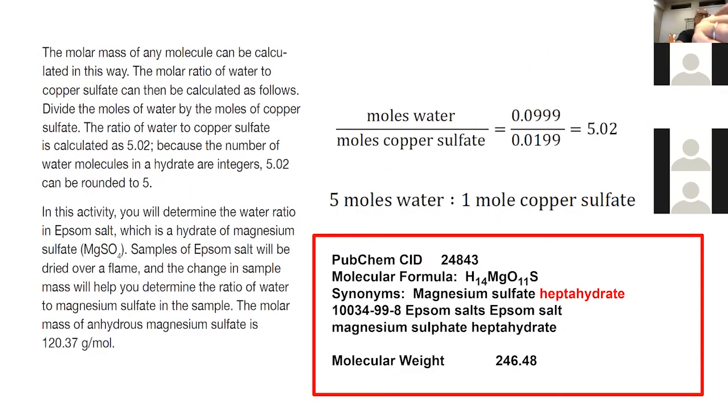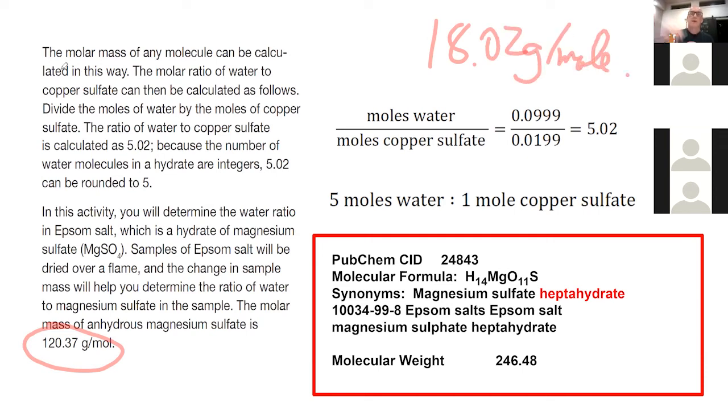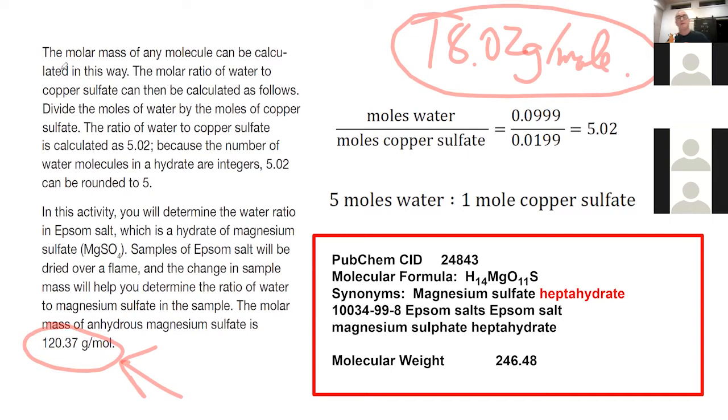So anhydrous magnesium sulfate is 120.37 grams per mole. And the mass of water, which we should pretty much know by now, is 18.02 grams per mole. So each of those masses that we're going to calculate, we will then convert them to moles using the molar mass. And hopefully we get something close to 7.